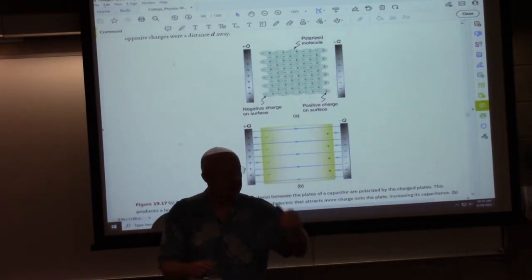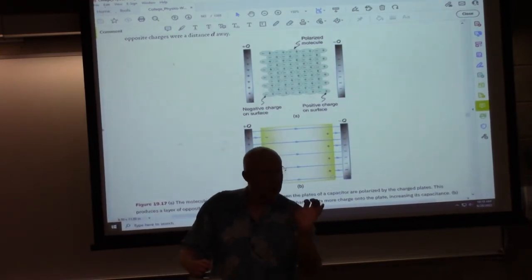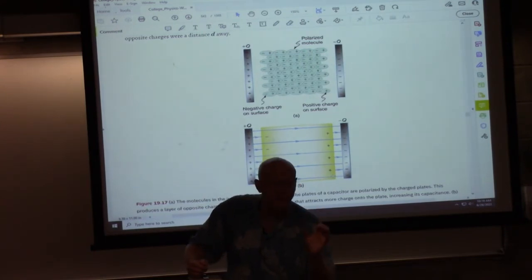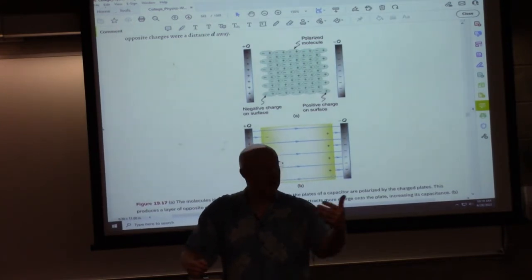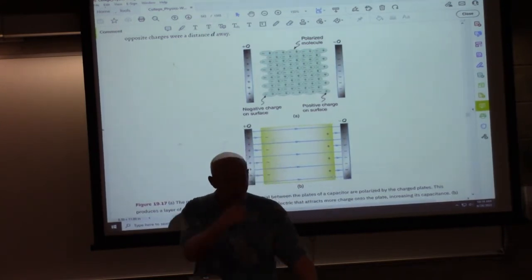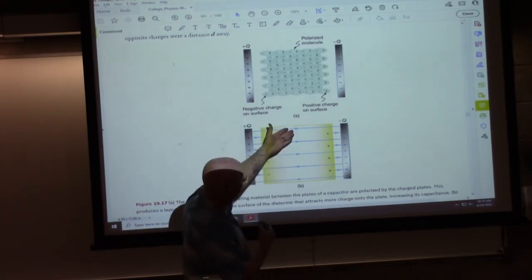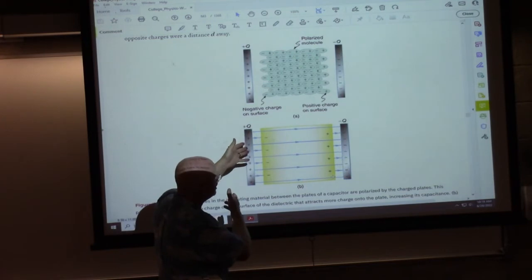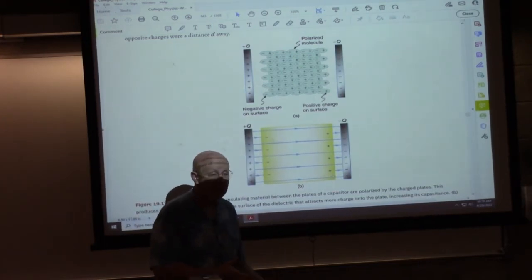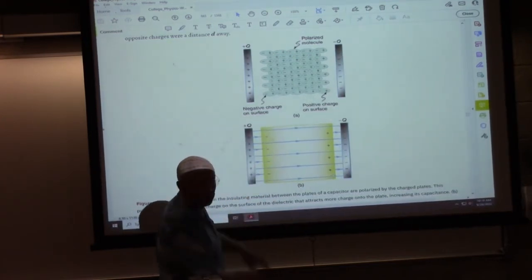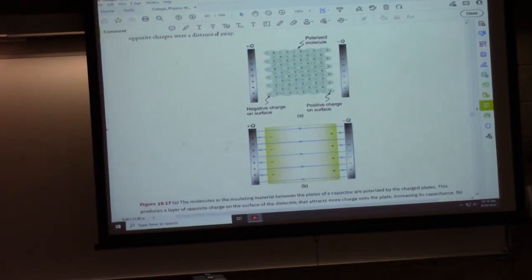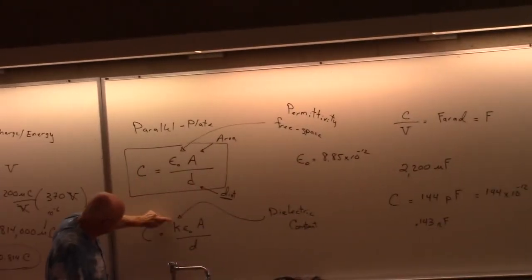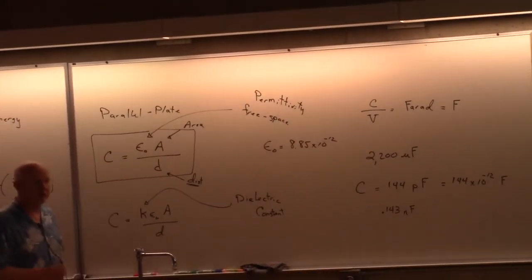And since the capacitance is charge per volt, you got a smaller number down there, less voltage. And so you're going to get a bigger capacitance. You're going to get a bigger capacitance by however much you reduce that field. This picture kind of shows a factor of 2. So I would say that this picture is illustrating that the capacitance would go up by a factor of 2.